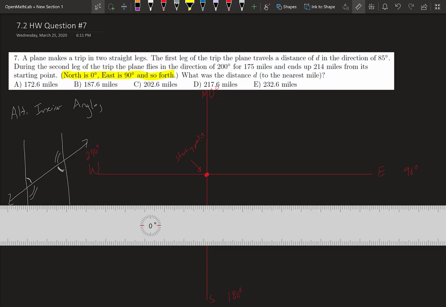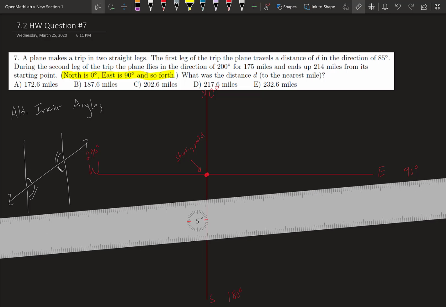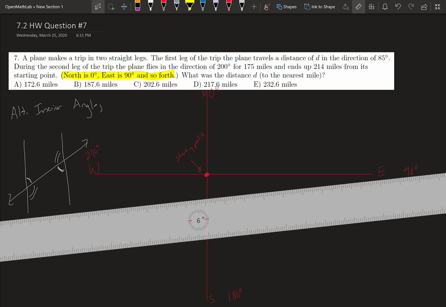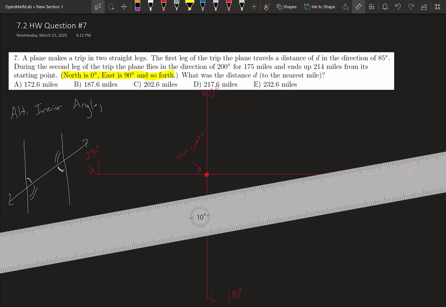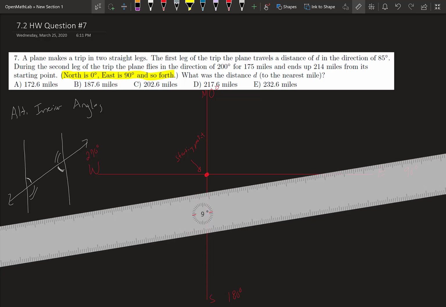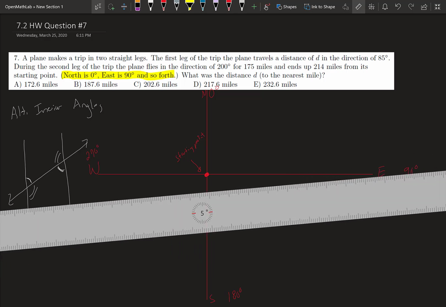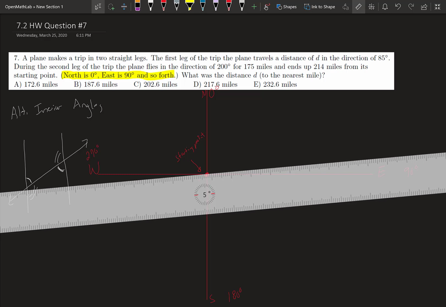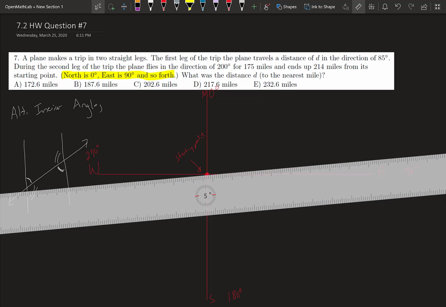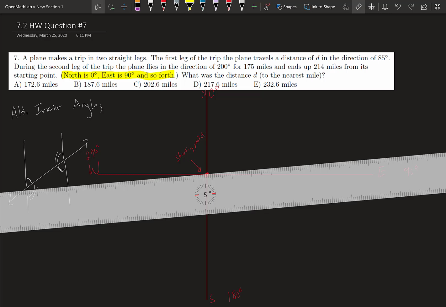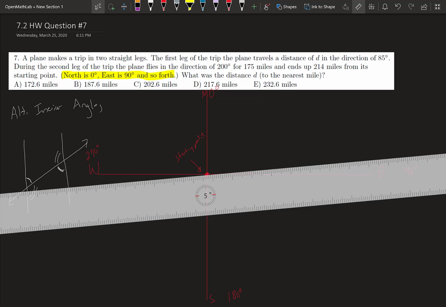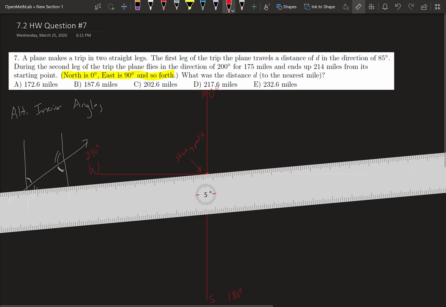Then, the first leg of the trip, the plane travels a distance d in the direction of 85 degrees. So I'm going to tilt this, but it might be hard to tell with the 5 degrees. It's not a lot of tilt there. Let me draw this in a different color.